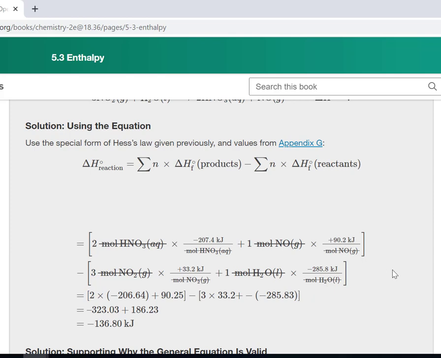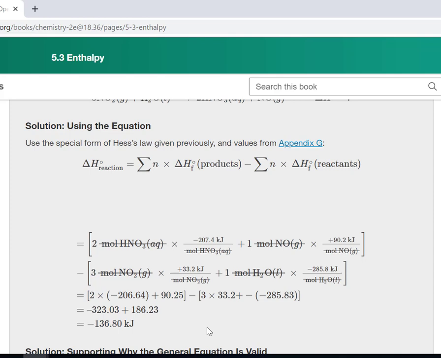I want to just pause a minute. This is the one where it's most likely that you might have picked the wrong number because there is more than one H2O in that table. So just double check that you looked up the right number for the heat of formation of H2O. At that point, it's just a matter of doing all of that arithmetic to get to the final answer.